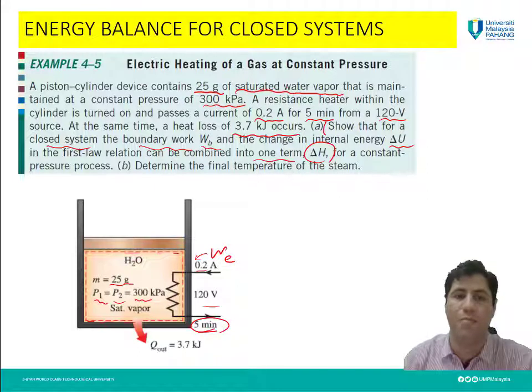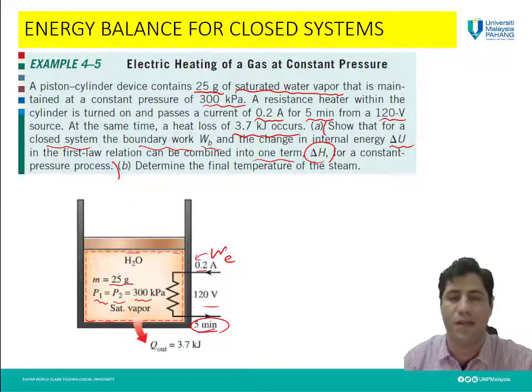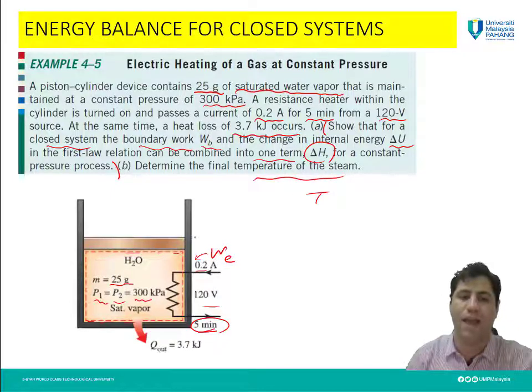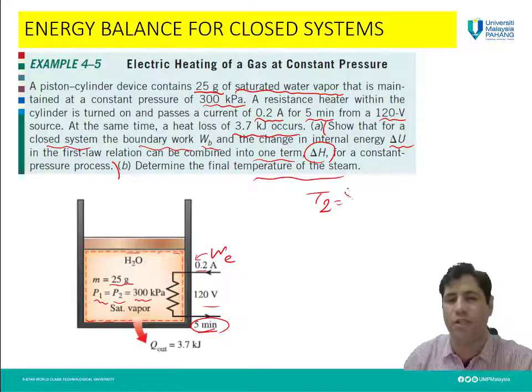So in part A of the question, we are going to show that the boundary work for such a closed system is directly related to delta H, or enthalpy of the system, instead of using delta U. And in part B, we need to determine the final temperature of the steam in our system, or T2.